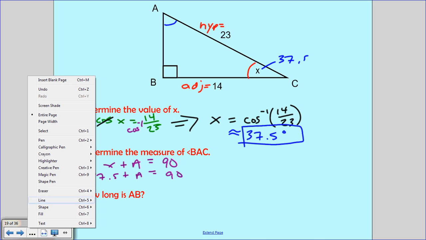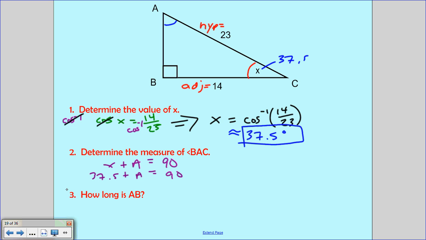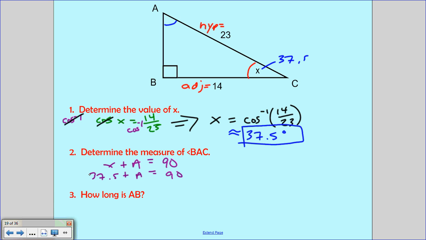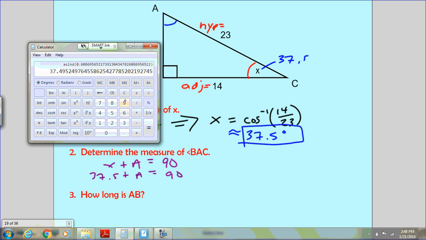So let's grab our handy dandy calculator and figure out what 90 minus 37.5 is going to give us. And it's 52.5.